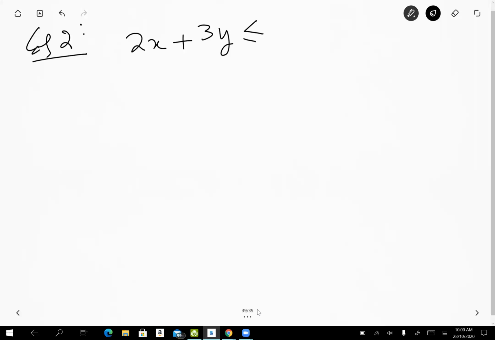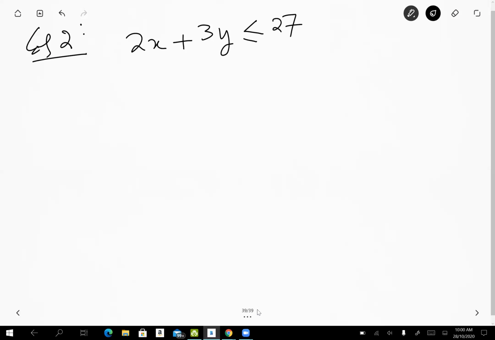Less than or equal to 27. Okay, let's make it 27. All right, so I want to draw this inequality.